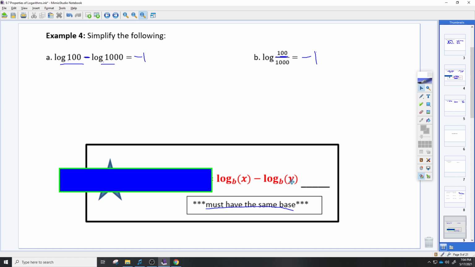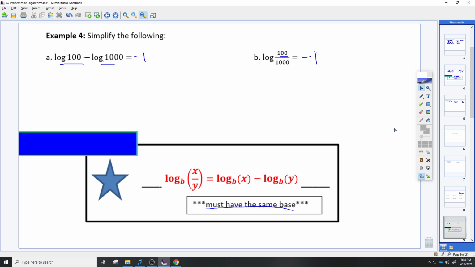The letter or number that comes after the minus sign goes on the bottom of the fraction. It's the denominator. So this is the numerator, and this is the denominator.